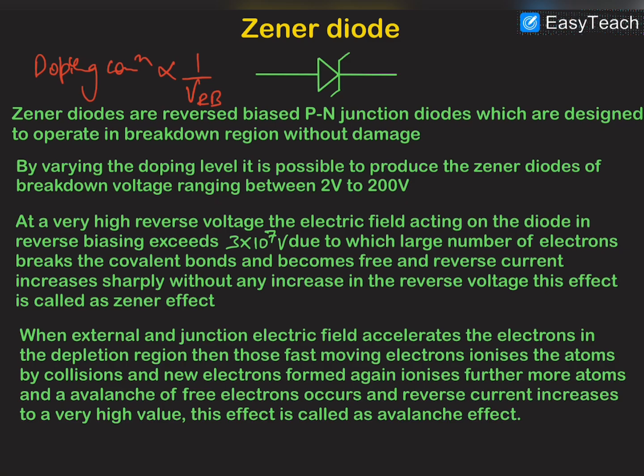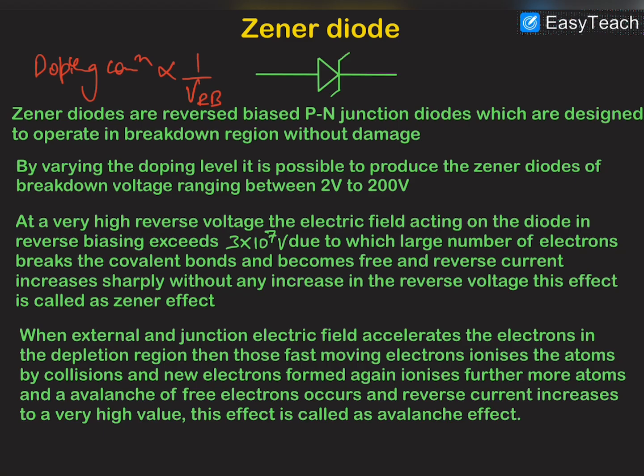Now in this avalanche effect, the electrons which are produced in the Zener effect are accelerated by the high electric field which is applied in reverse biasing, and then they ionize the atoms which occur in their path.